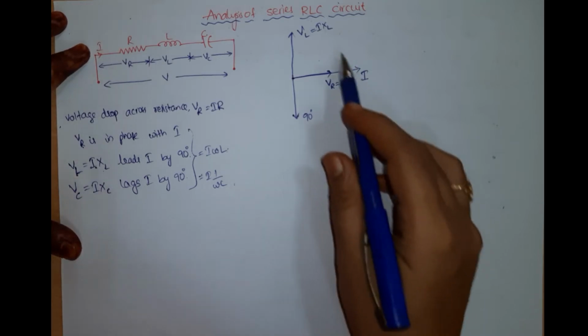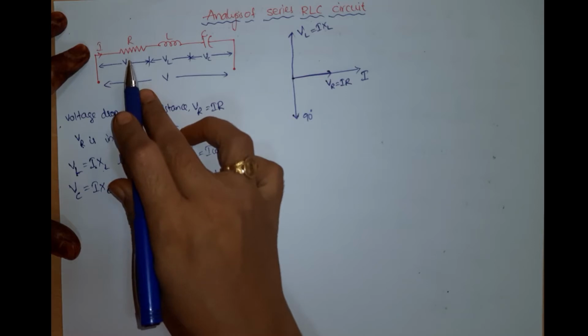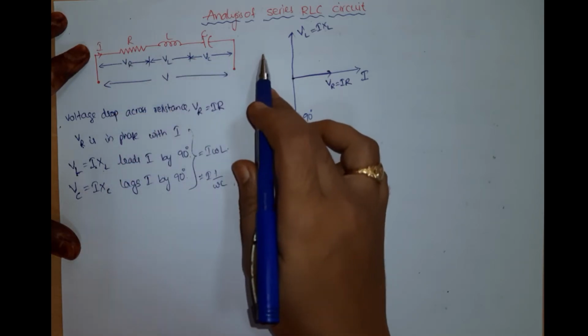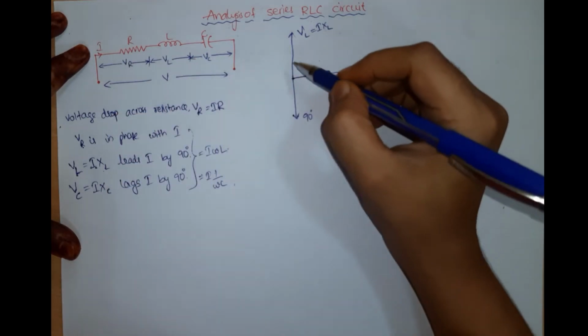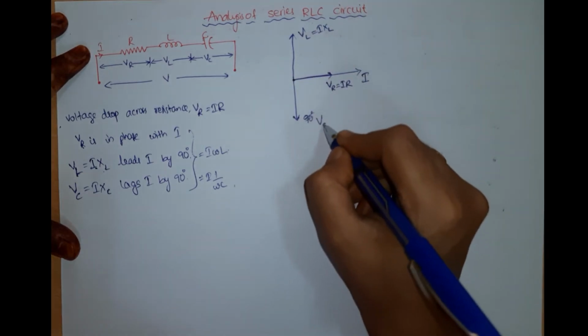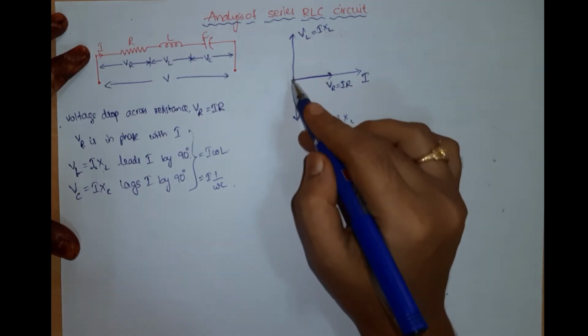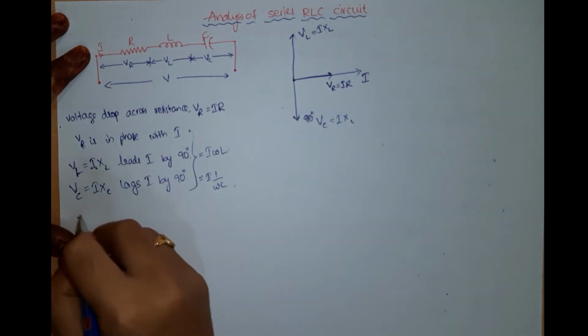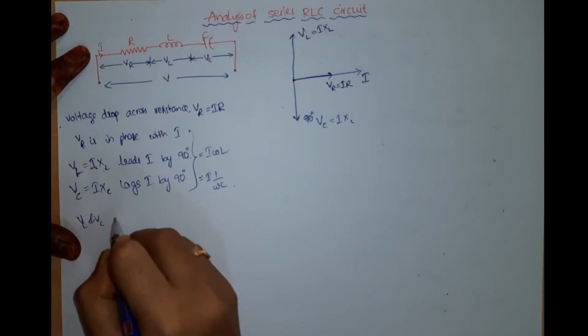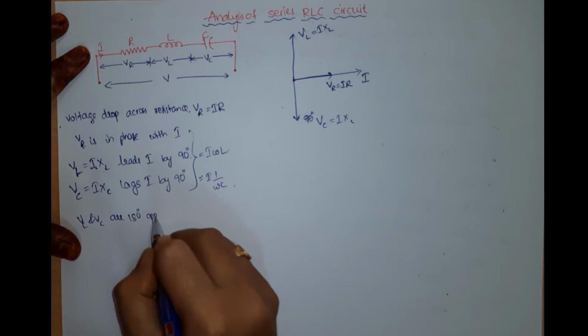So for the net voltage, the total addition of all these voltages, R, L and C, I can write VL and this is VC, that is IXC. So these two are exactly opposite to each other. So VL and VC are in 180 degrees opposite direction.